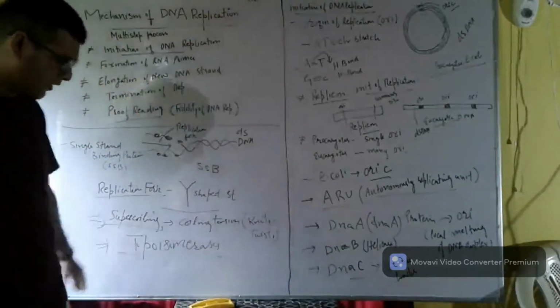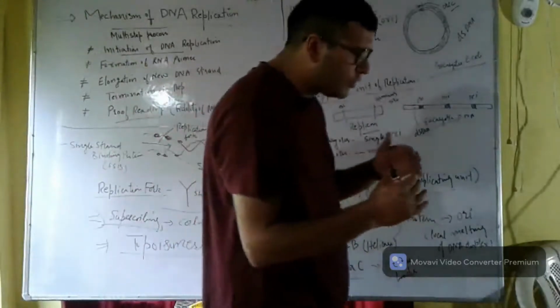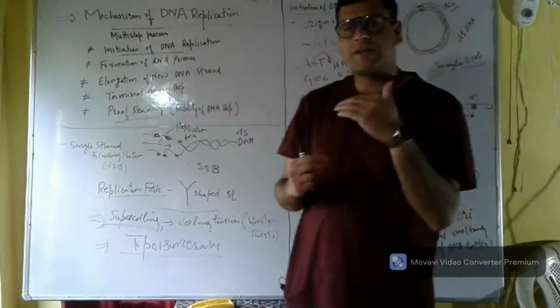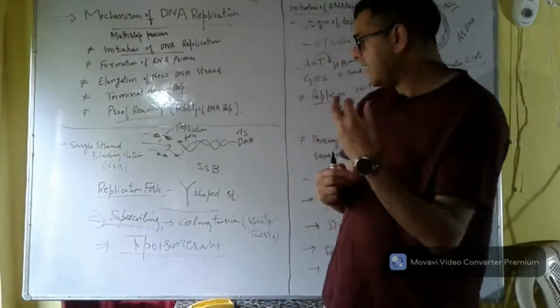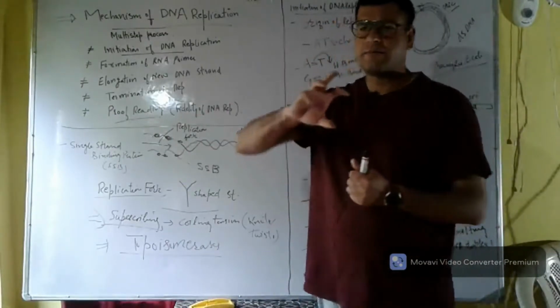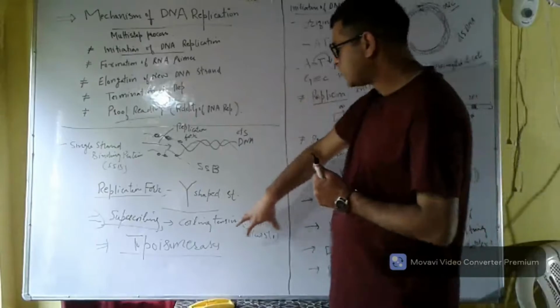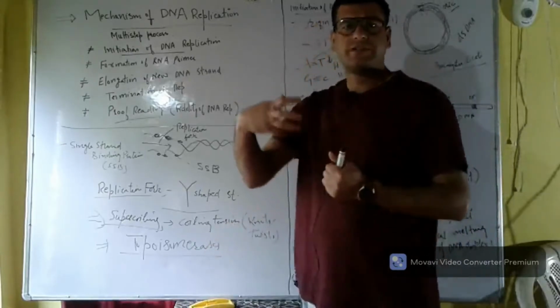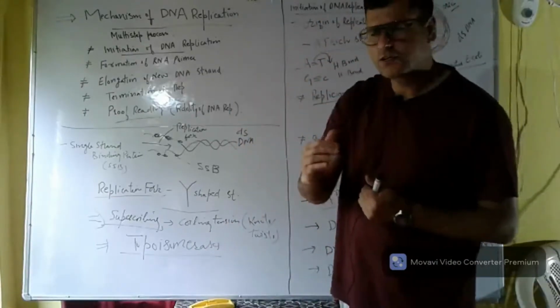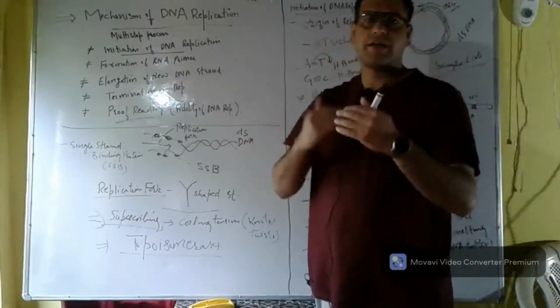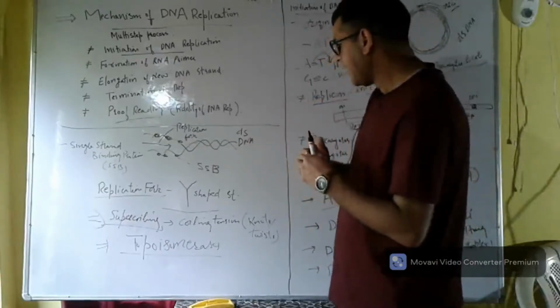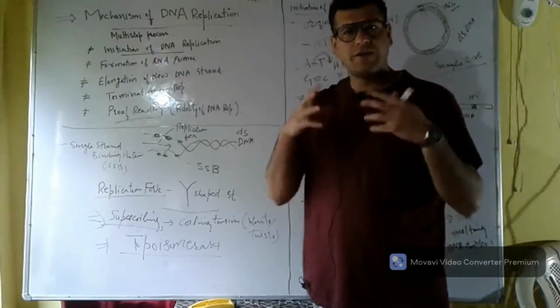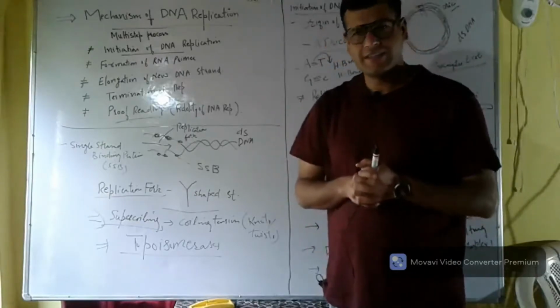The function of these topoisomerases is to relieve or relax this coiling tension ahead of the replication fork. They make either single stranded cuts or double stranded cuts in the DNA, and as a result this coiling tension or supercoiling is relieved.